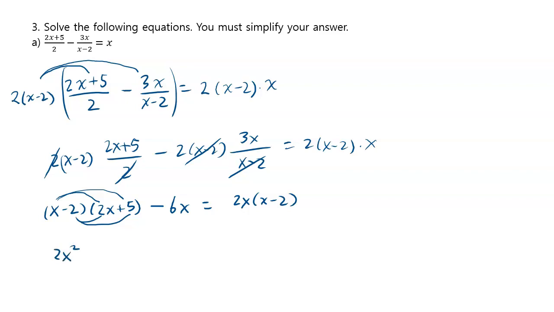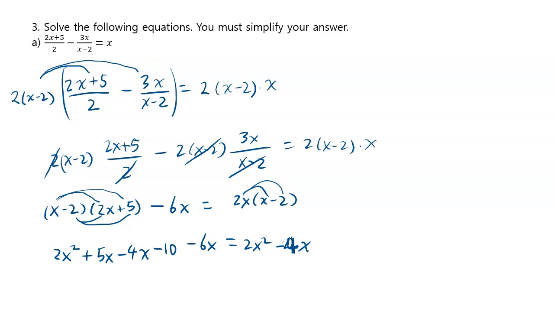And then x times 5 gives you 5x. Negative 2 times 2x gives you negative 4x. Negative 2 times 5 gives you negative 10. Minus 6x. On this side, 2x times x is 2x squared, and 2x times negative 2 is negative 4x. Okay?